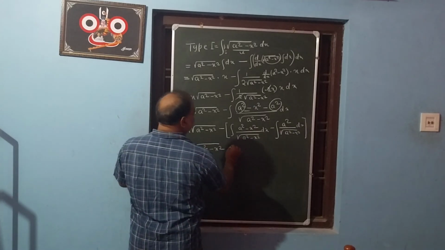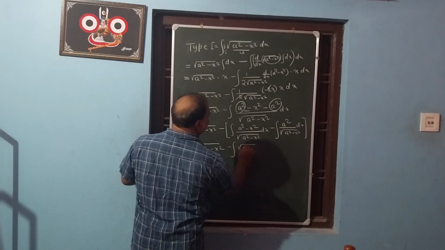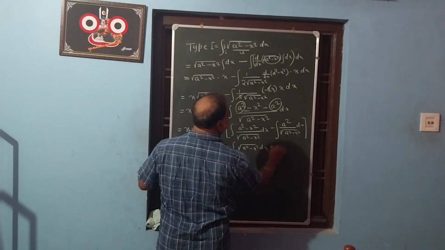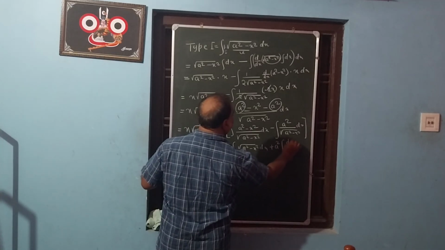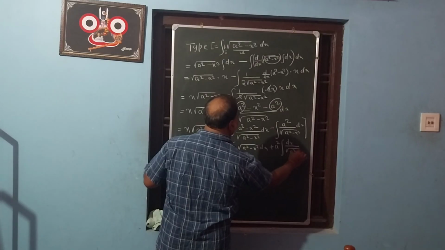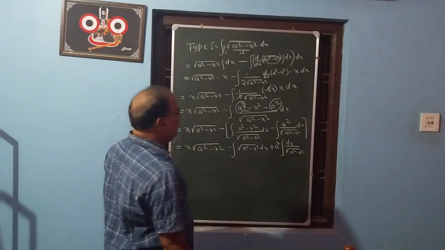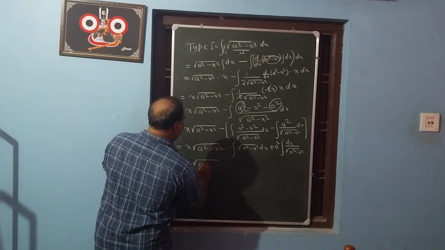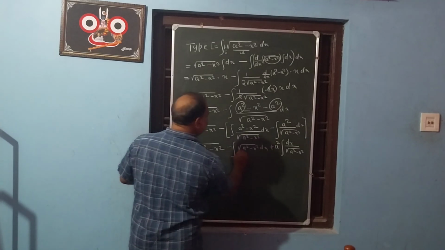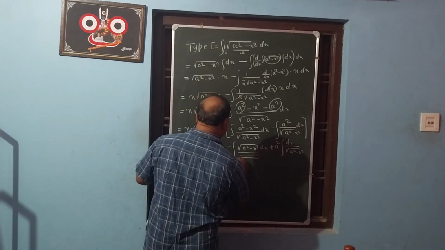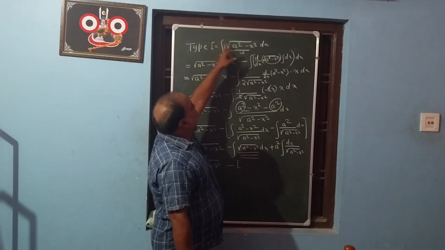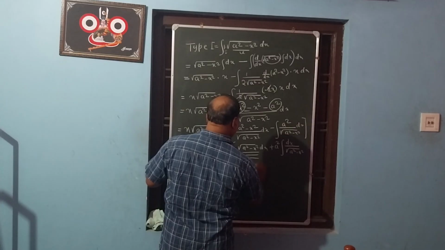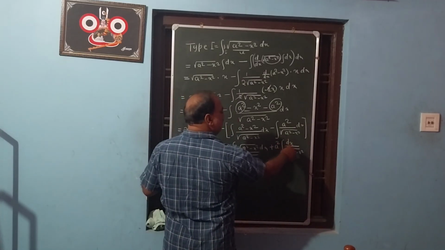So now minus, we get integration of root over a square minus x square into dx, plus a square, which is a constant, into integration of dx by root over a square minus x square.